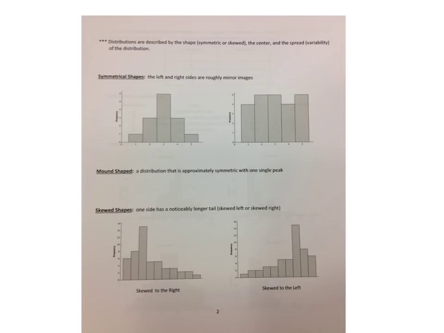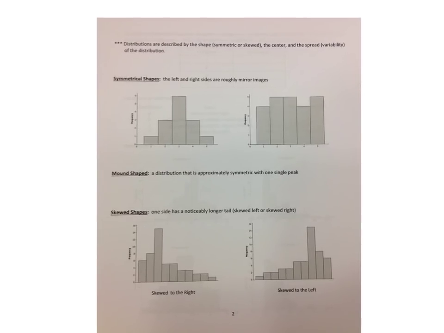So we're going to look at page 2, which talks about the different distribution shapes. We've got symmetric or skewed. The spread of the distribution, talking about the variability. So the first two we're going to look at are the top two right here that talk about the symmetrical shape. Okay.